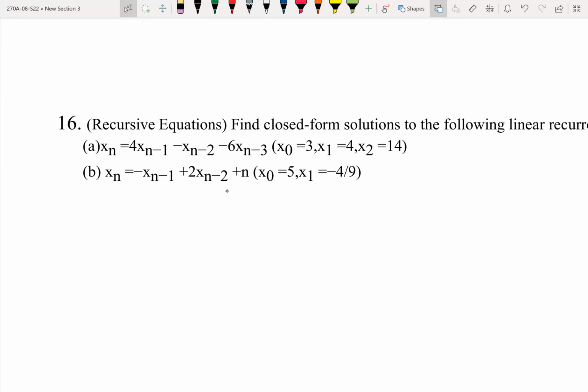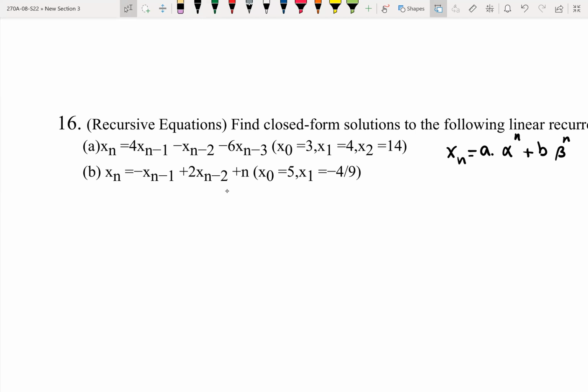Then you can get the actual solution in the form of whichever solution you got from the characteristic polynomial to the power of n, times a constant. If your solution was repeated, you have to multiply by n.